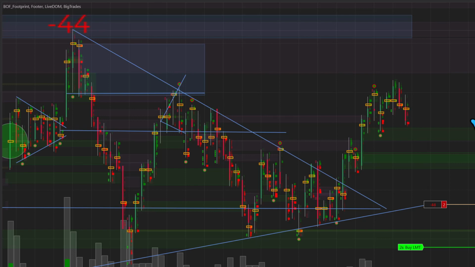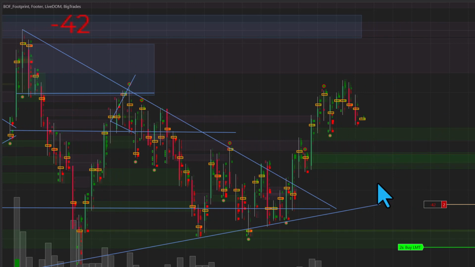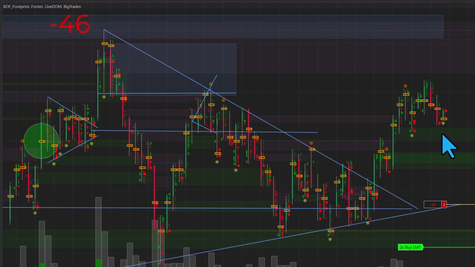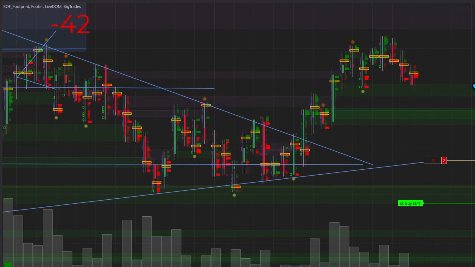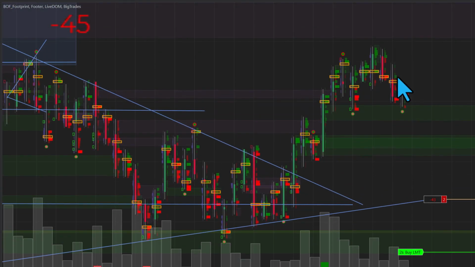So now the reds are going to show themselves, and it looks like for a while the sellers are taking over. You see this POC is lower and lower. So for me, it's a sign to enter into a short. But it can be a really short kind of short.